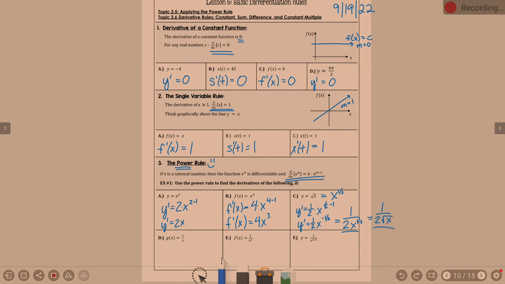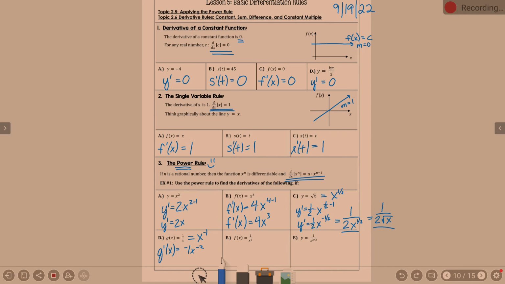Okay, D. Do we have a derivative rule for fractions yet? Nope. But 1 over x can be rewritten as x to the negative 1, correct? So when you do your derivative, negative 1 out front, yes. x to the what's -1 minus 1? -2, yes.